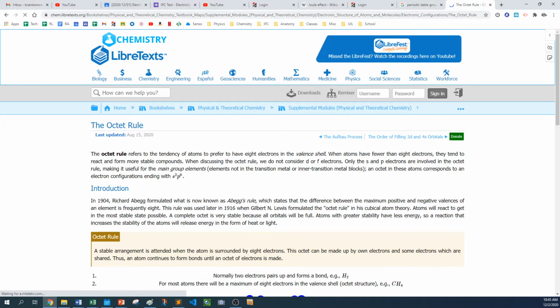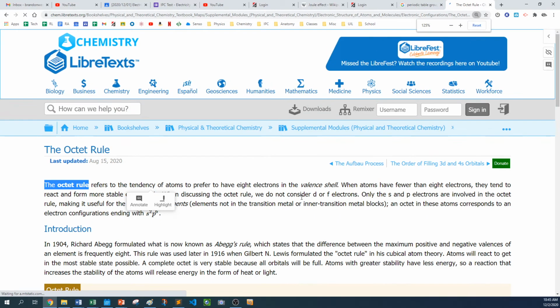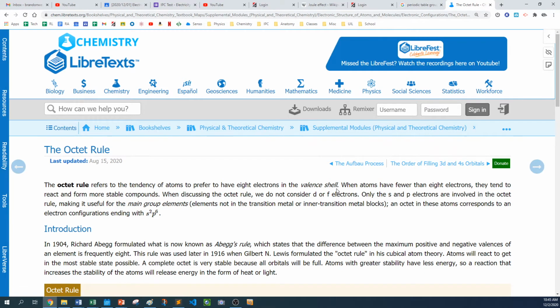So, the octet rule. The octet rule refers to the tendency of atoms to prefer to have a full valence shell. Because of the order of the electron configuration, because of how the periodic table is shaped and how we fill it up, a full valence shell is just 8 electrons.